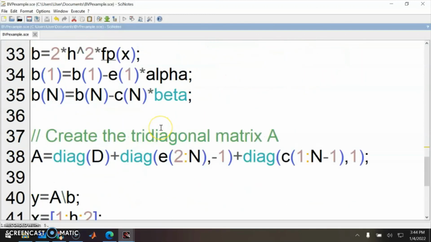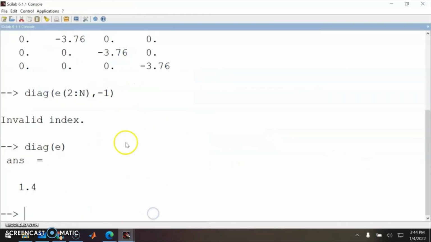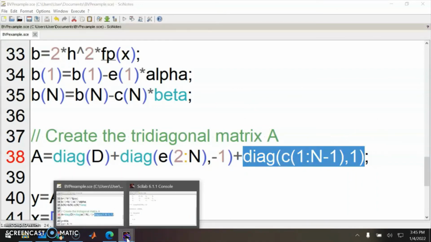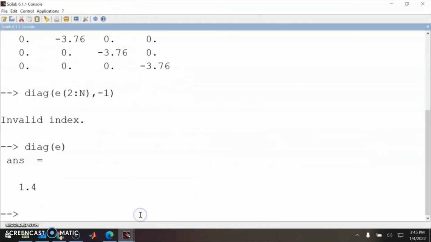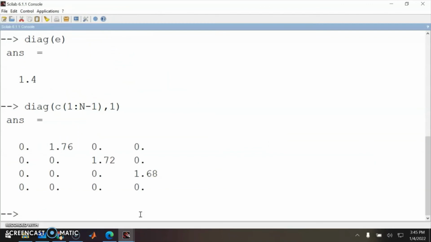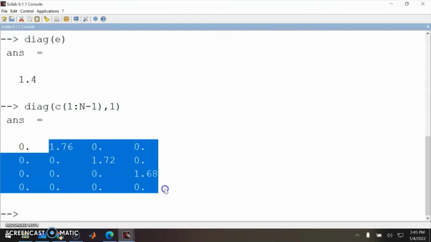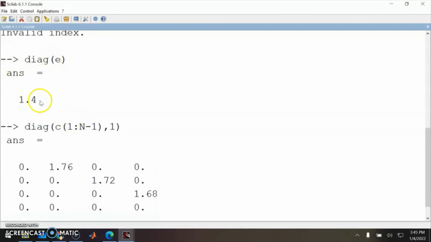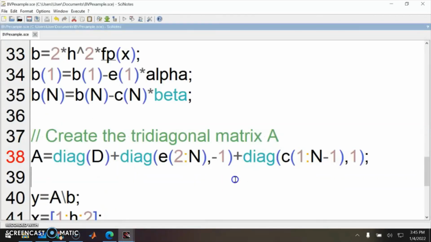So what about my C? Let's check my C. C is okay. So how can I create entries of E which has 1.4, 1.4, 1.4 because of the constant? That's the problem here.